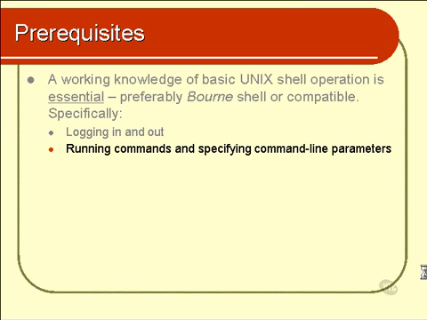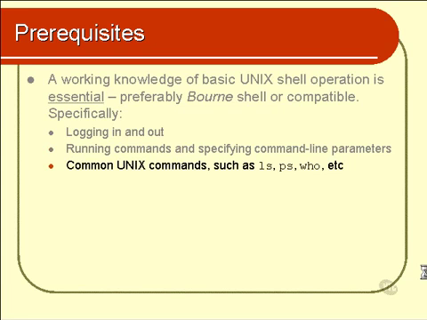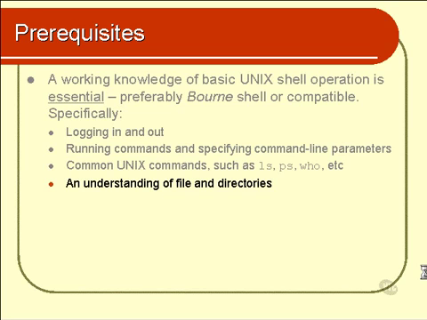You need to know how to type in the name of a command and the parameters for a command. You probably would need to be familiar with some basic Unix programs such as ls, ps, who, and so on. And it is of course necessary that you understand what a file is, what a directory is, and how to set about creating and naming files in Unix.